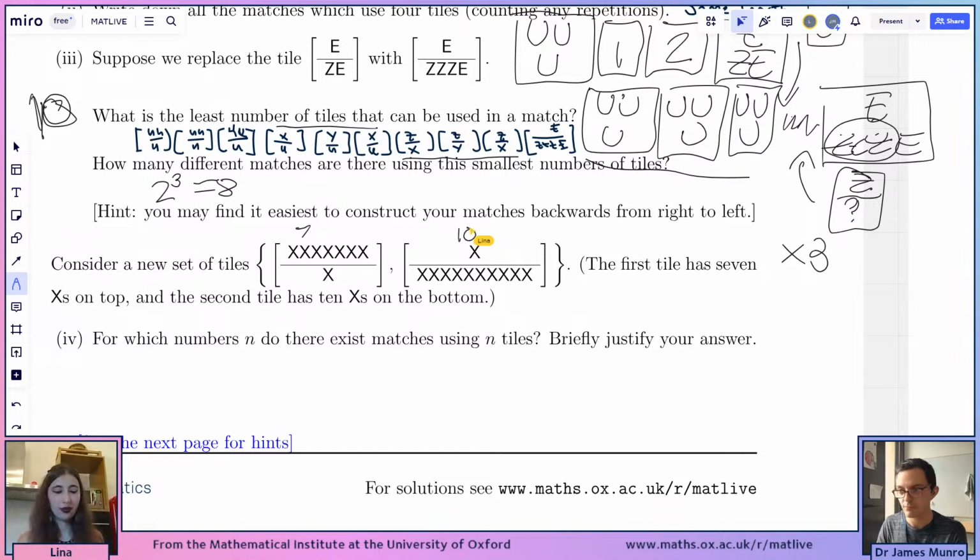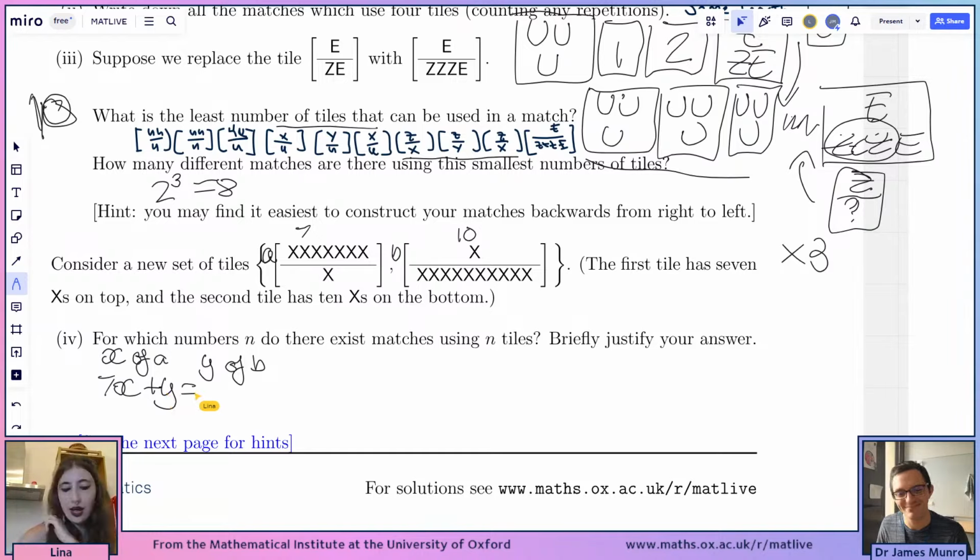Let us call this tile A and this tile B. So let us say we have x of tile A and y of tile B. For the top we can form an equation for the number of X's on the top: 7x plus y, and we need this to be the same as the number of X's on the bottom. So we could have that being x plus 10y, because that is the number of X's on the bottom.